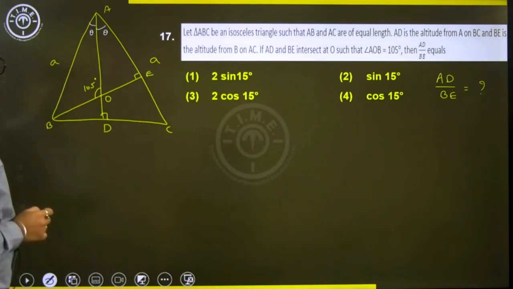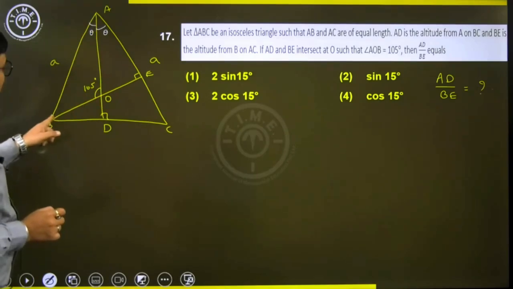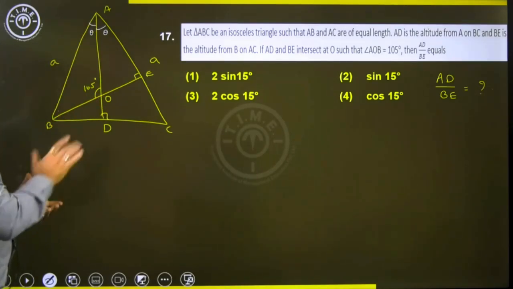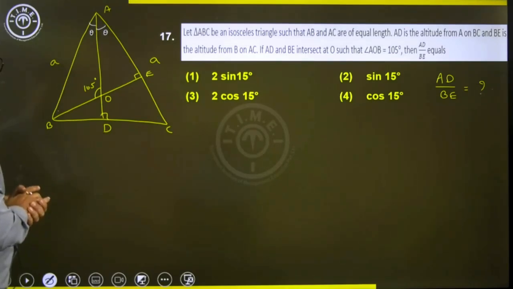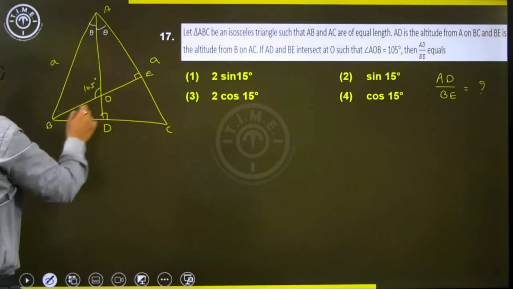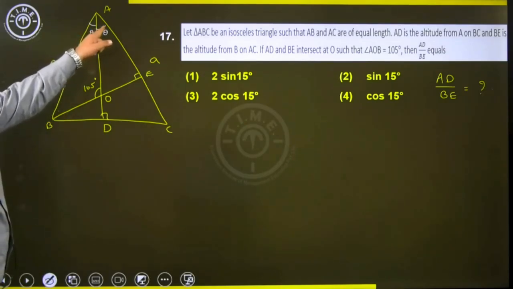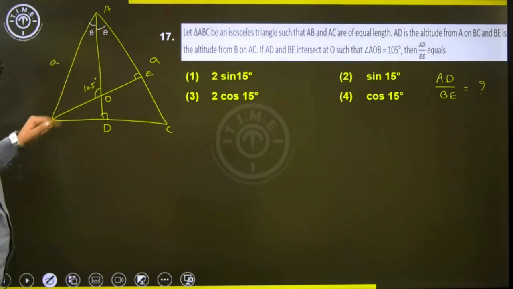If you look at the triangle AOB, we can figure out how much this angle should be. Also, if you look at the triangle AEB, you know this is 2 theta, this is 90, so you can also figure it out in terms of that 2 theta.